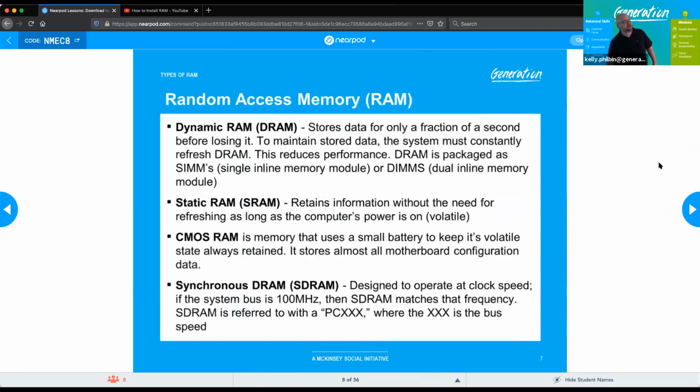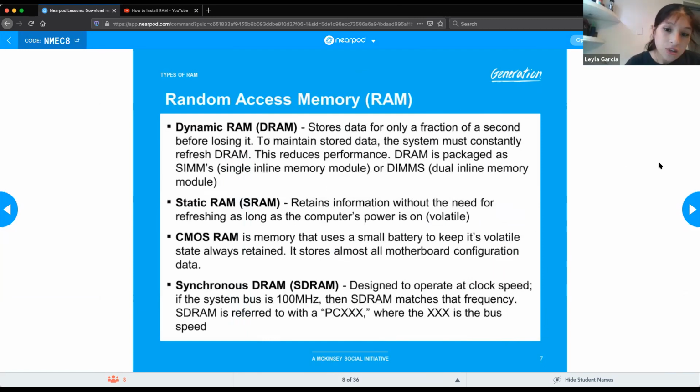All right, random access memory, or RAM. This is the majority of what we will be dealing with today in this technical session, and there are different kinds. Who wants to read out for me real quick? Layla, go ahead and read for us.